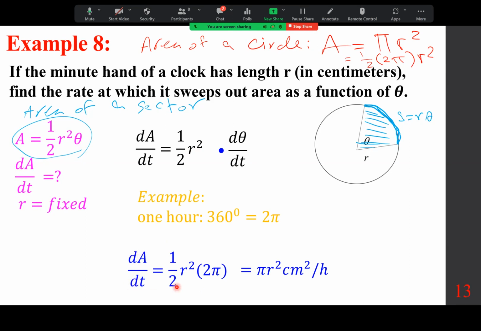So pi r squared, square centimeters per hour, just as an example. Again, this is the end of the story as far as we are concerned.